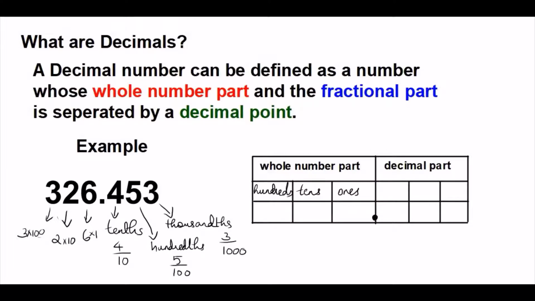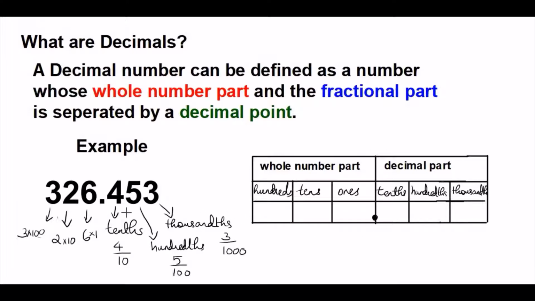Now here we have written what places the digits occupy in a whole number part. Now let's write the positions of digits in the decimal part. Here, just after the decimal point it is tenths place, then it is hundredths place, then thousandths and so on.